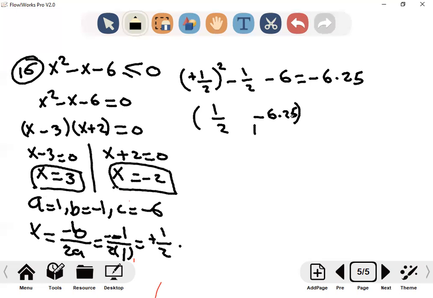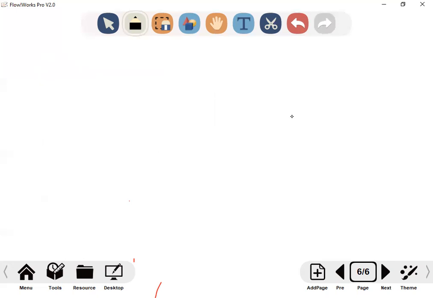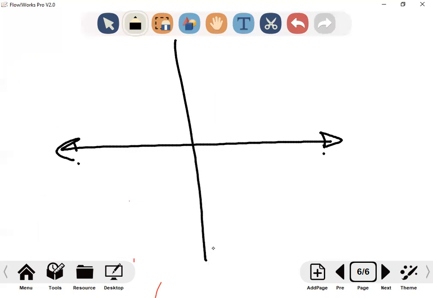I'm ready. I have the intercepts, I have the vertex, I can graph easily. So let's graph, and focus here, please, when we graph. I will make it a little bit big, just to make you understand it.